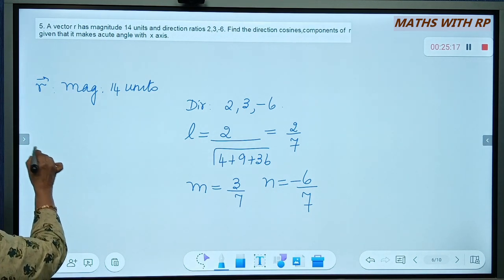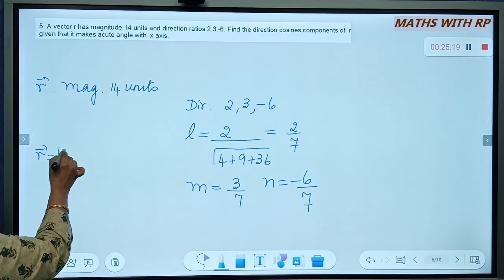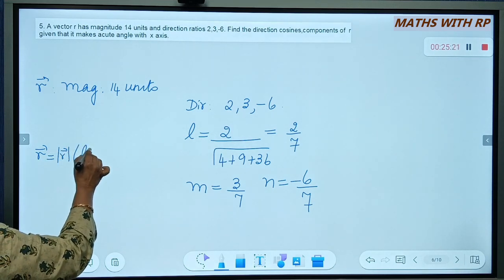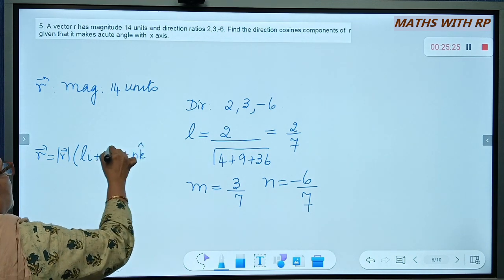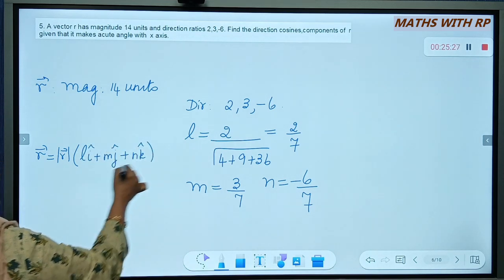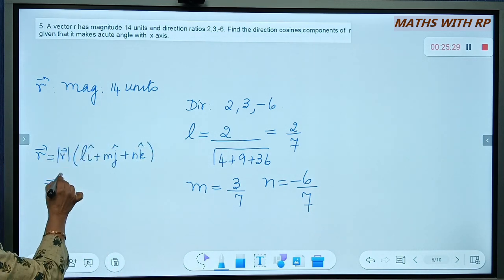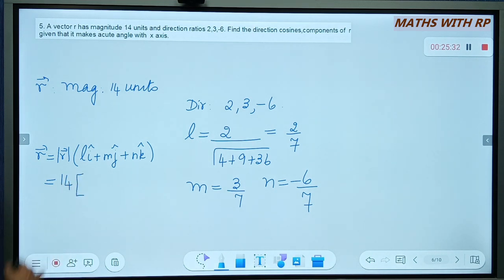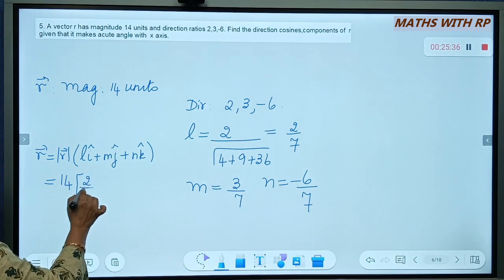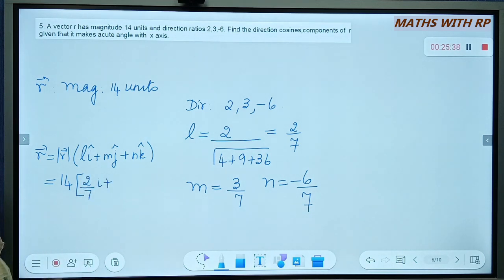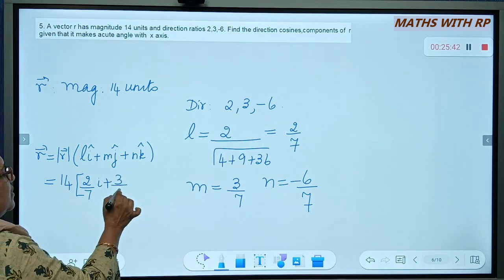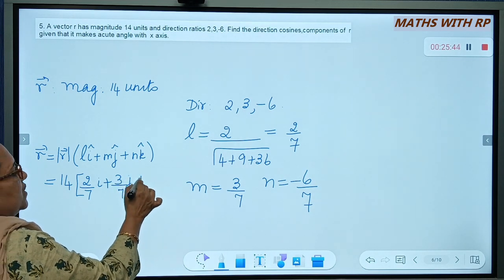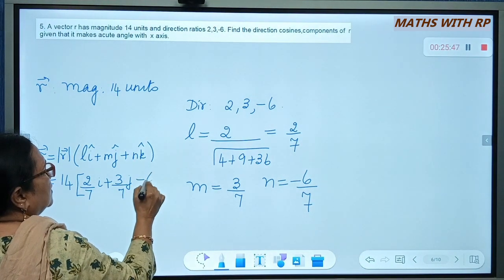You know r vector equal to modulus of r vector into Li plus Mj plus Nk. Now what is modulus of r vector? It is given as 14. Now what will be L? 2 by 7. And what will be Mj? 3 by 7 j plus minus 6 by 7 k.